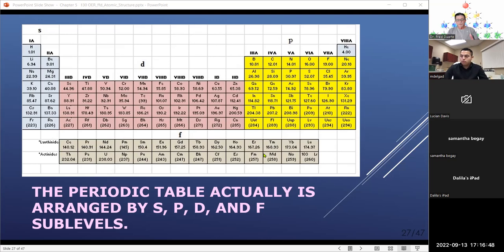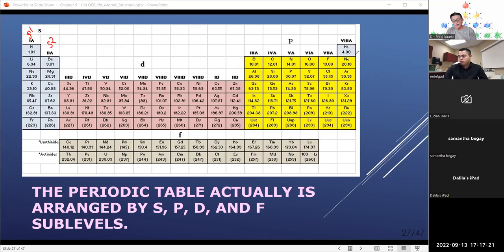The first column is s1, the second column is s2. Remember that the s orbital can occupy 2 electrons only. As you go from left to right, you start filling the s, so this will be s1, and then when you go into beryllium, it'll be s2.